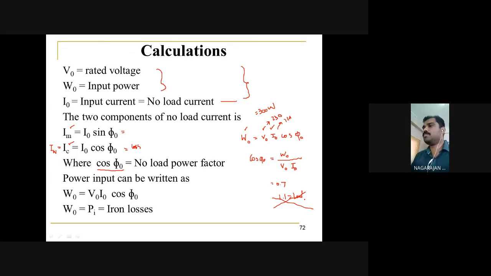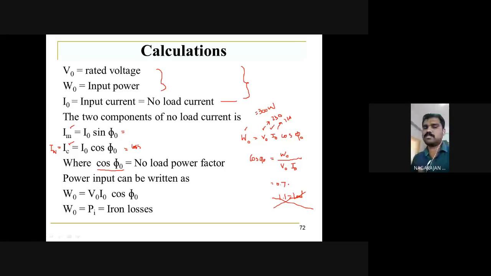So it will be 0.9, 0.95 lagging or leading. We are just focusing on the phase angle between current and voltage. Either the phase angle may be leading or lagging, so the value will always be less than 1. For a practical transformer, it cannot be equal to 1. So it will be either lagging or leading.